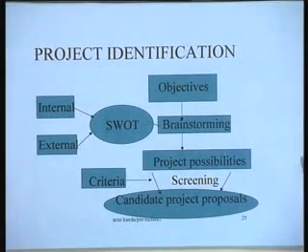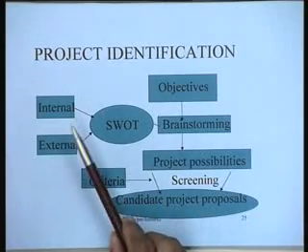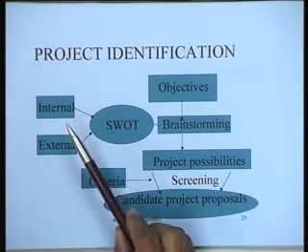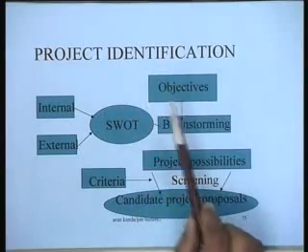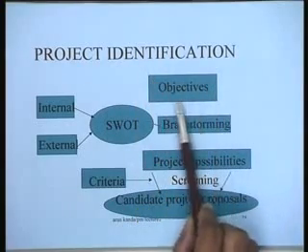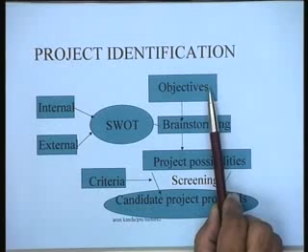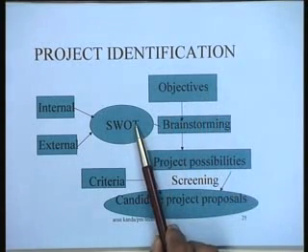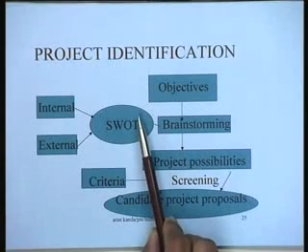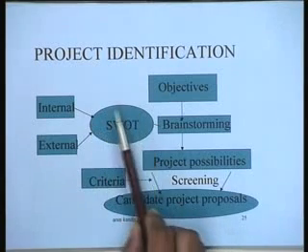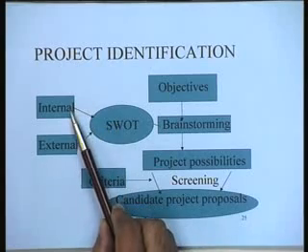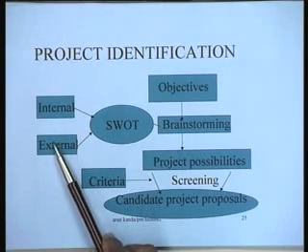We have seen, for instance, that the project identification begins with the objectives. What are your objectives? What is it that you want to do? And at the same time, it is very essential to look at your internal strengths and external strengths.